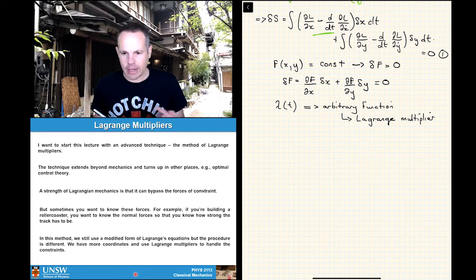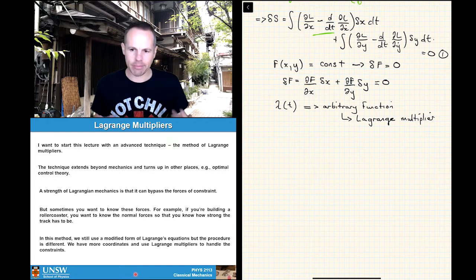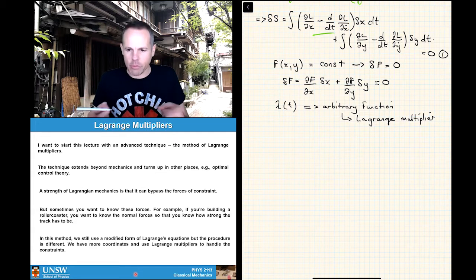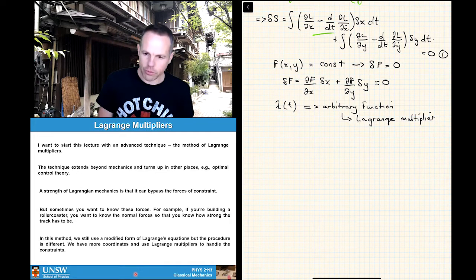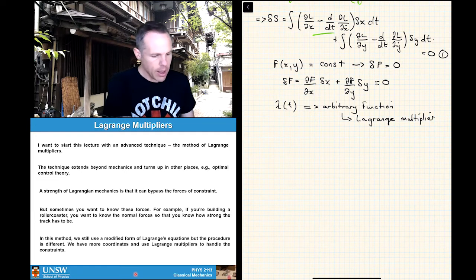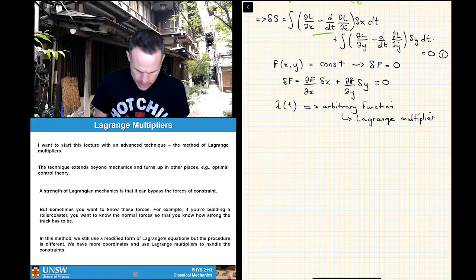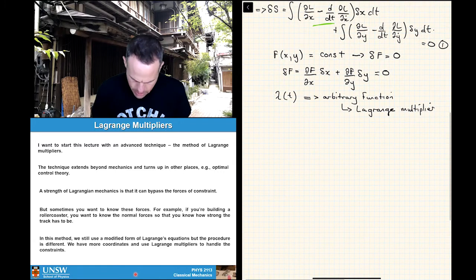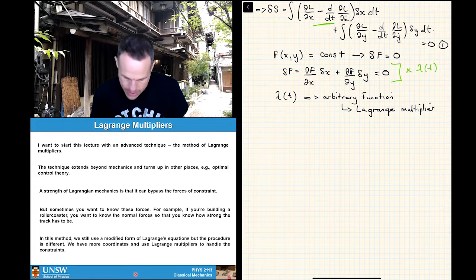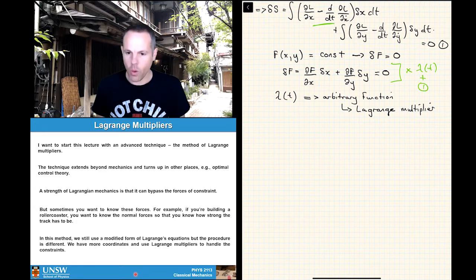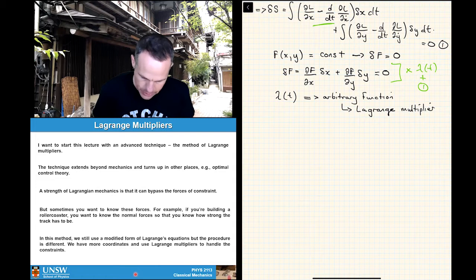It's really just that we're multiplying something by something, so that's where the multiplier comes from, and Lagrange just from the origin of the system of equations we're dealing with. So what we can do in here is take this equation here, multiply it by lambda of t, and then add it into 1. We're really just adding 0 to something, so it shouldn't change.